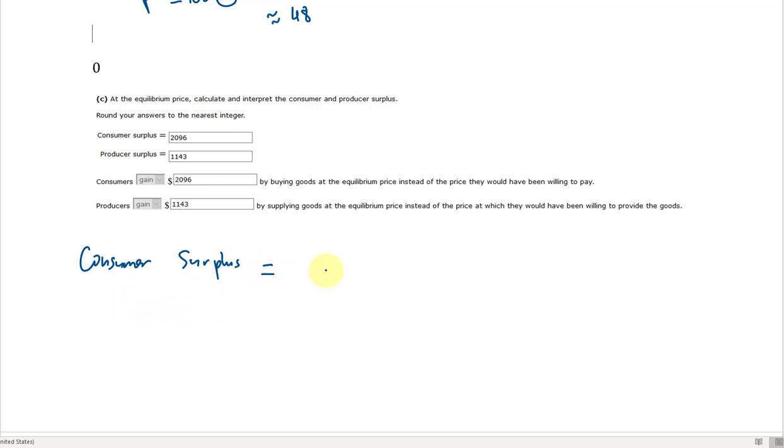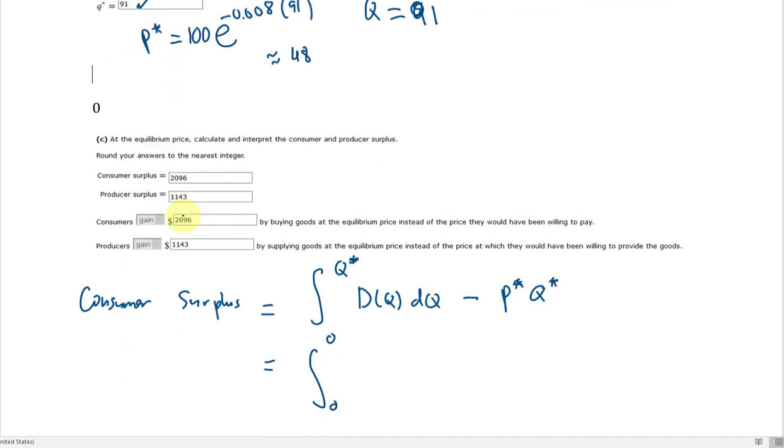It's equal to the integral from 0 to Q star, consumer goes with the demand curve, dq, minus P star Q star. Take the integral from 0 to Q star. Q star, we got 91.